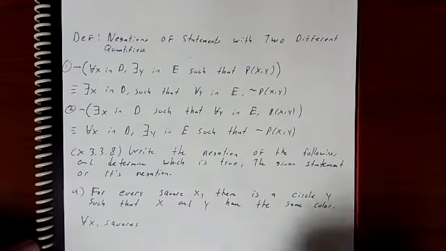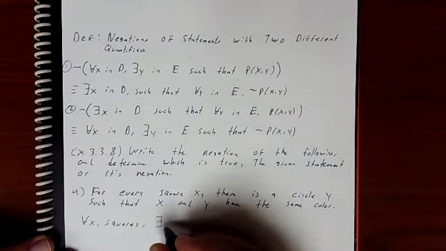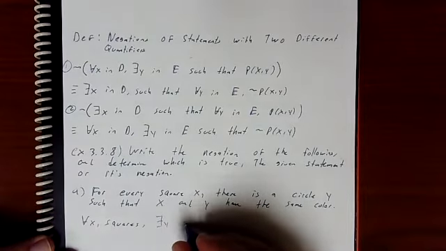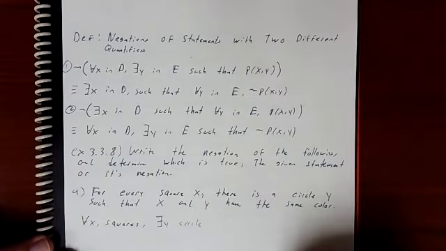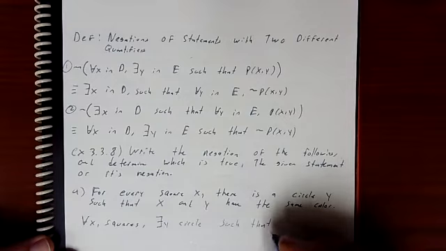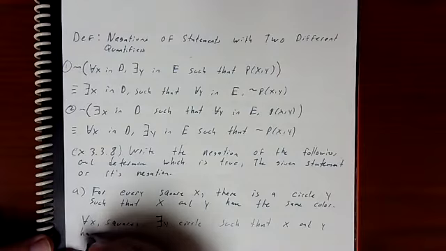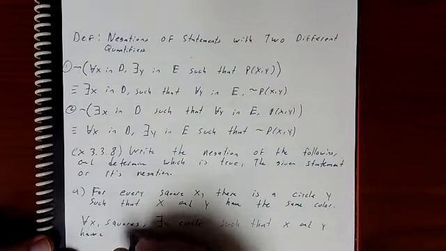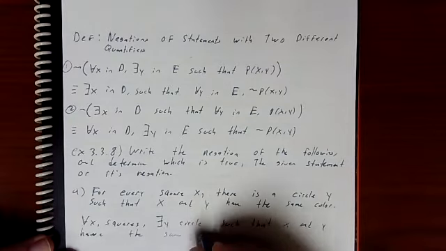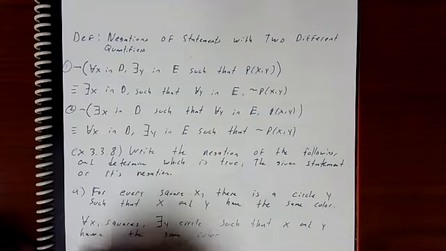For all x squares, there exists a y circle such that x and y have the same color. So this is just the straight up translation. The negation of this, right, is what they want to know.